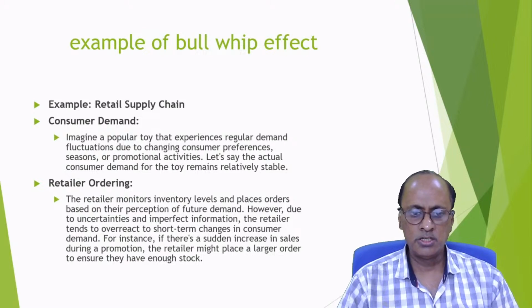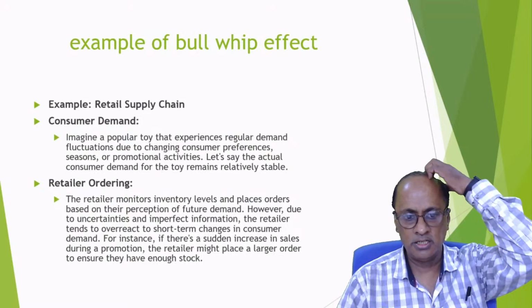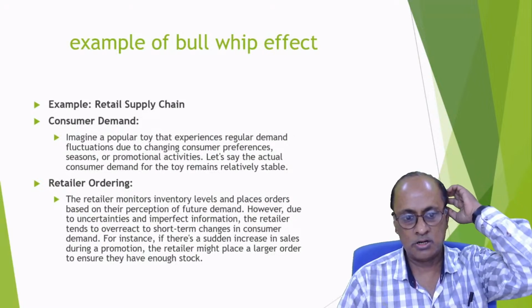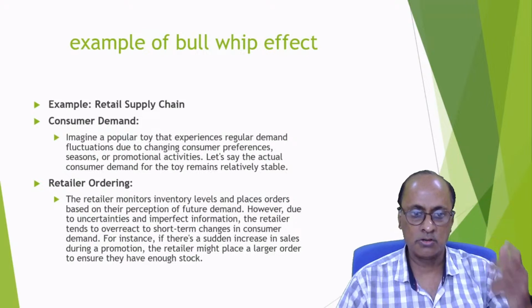However, due to uncertainties and imperfect information, the retailer tends to overreact to short-term changes. For example, if there is a sudden increase in sales during a promotion, the retailer might place a larger order to ensure they have enough stock.